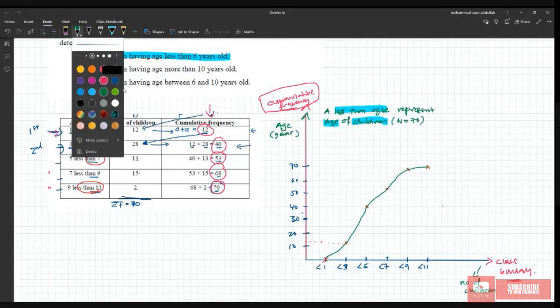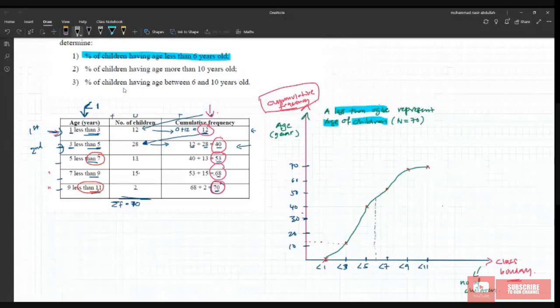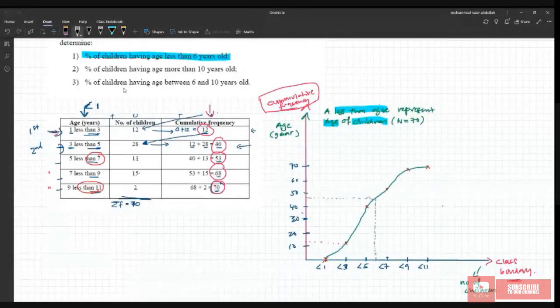So to determine this, let's say I'm using this color, right? So 6 is somewhere between here, right? So you're going to take your ruler and draw this point. If you draw it on your graph paper, you will get the exact value lah.